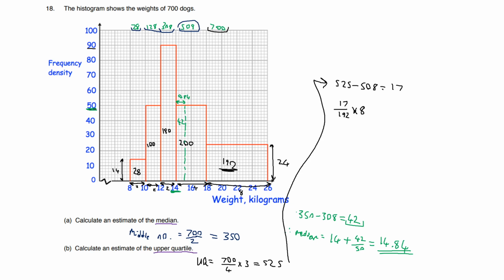If we plug that into our calculators, we should get an answer of 0.71. And so therefore, the upper quartile is just going to be 18 plus 0.71, which is equal to 18.71.